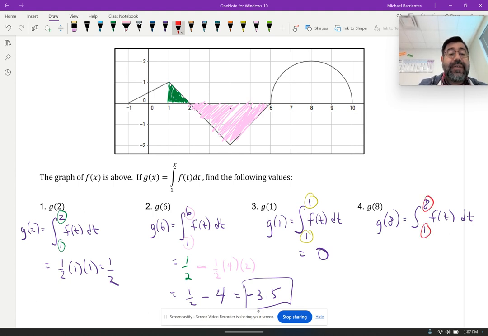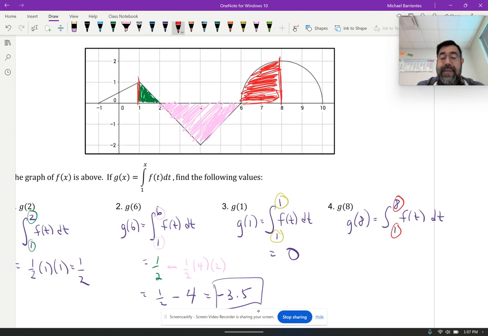All right, so from 1 to 8. That means we're starting here, and we're going all the way over here. Here's the good news. We've already done most of the work. We just need to find this shaded part between 6 and 8, because we already have the green part, we already have the pink part, and we need to find the red part. So therefore, this g of 8 is the integral between 1 and 8. That means I need the first part, 1/2. I need the second part, minus 4. And now I need the third part, which is the area of this quarter circle.